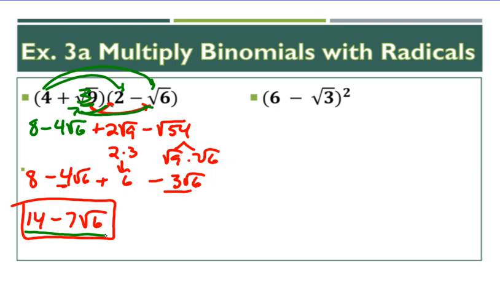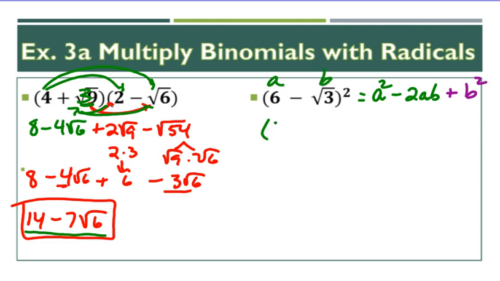Here we got 6 minus square root of 3 squared. Remember, this is a perfect square binomial. And remember, with perfect square binomials, this would be the same thing as taking a squared, since I have a minus sign, minus 2ab plus your b squared. Here's your a, this is your b.